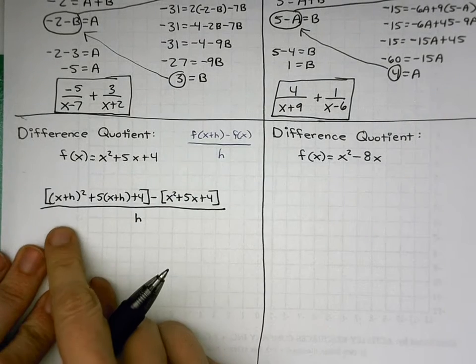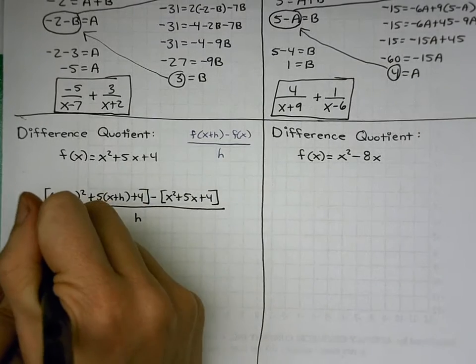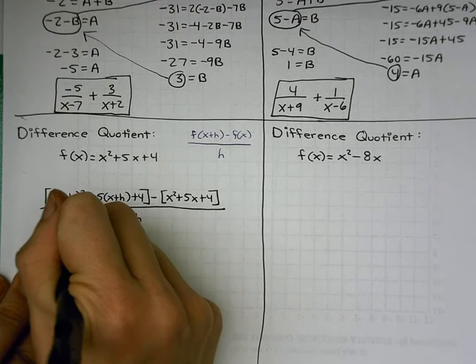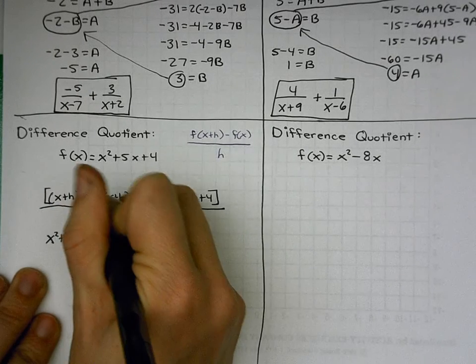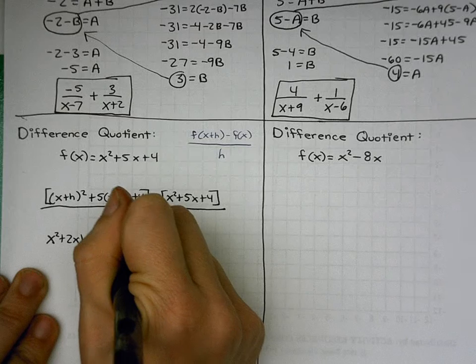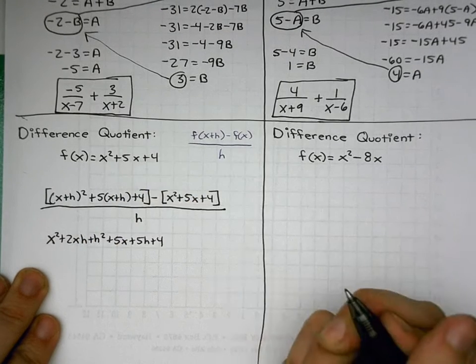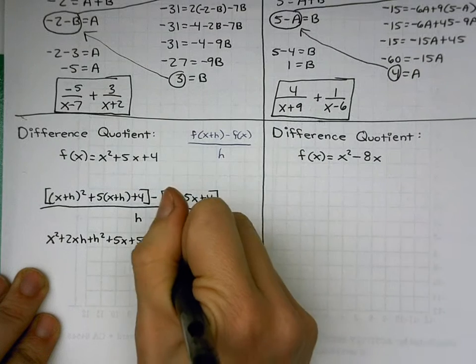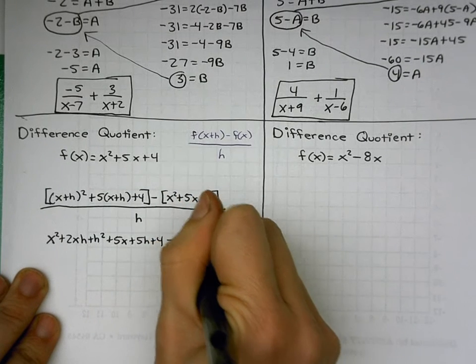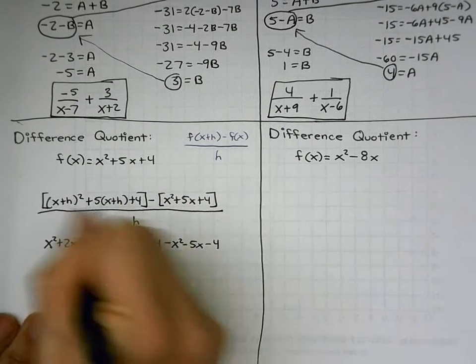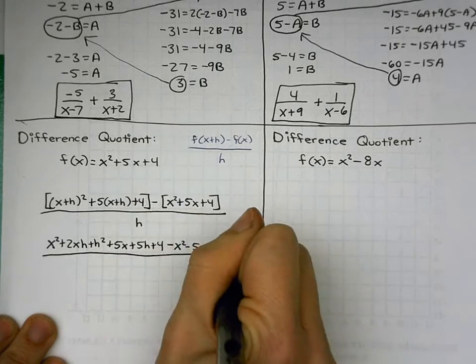Okay, foiling this first term, x plus h squared would become x squared plus 2xh plus h squared. Distributing in the 5 would be plus 5x plus 5h. Then we have our plus 4. And distributing the negative, we have minus x squared minus 5x minus 4 all over h.